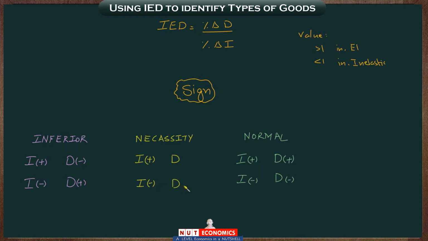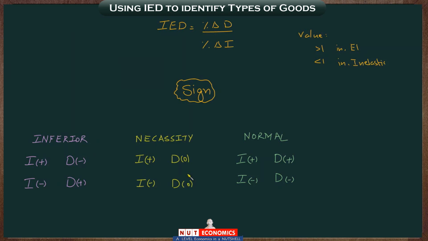So the important thing that you need to take away from this example is that a necessity is a sort of good where, whether income increases or decreases, you don't change the amount you are consuming. You keep on consuming the same amount. So there is no change in demand, zero change in demand, and therefore remember the percentage change in demand would also be always zero in case of necessity.